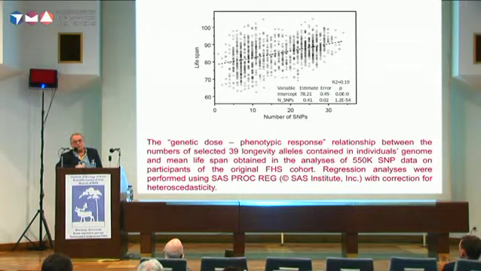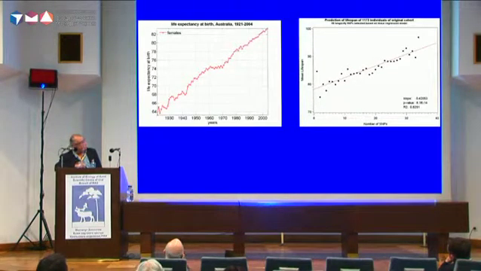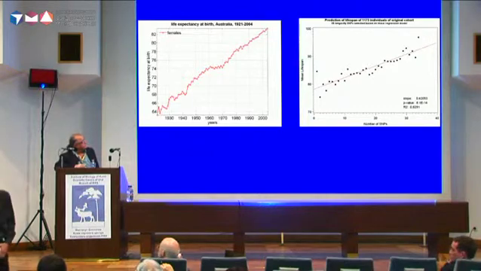But if we study these genes cumulatively, these longevity genes, we'll see that the effect is significant, and here you see a very interesting analog between two trajectories. The left one shows changes in longevity in Australia, and the right one shows mean longevity depending on the number of longevity genes in the genome.